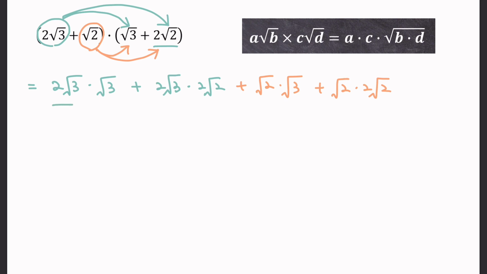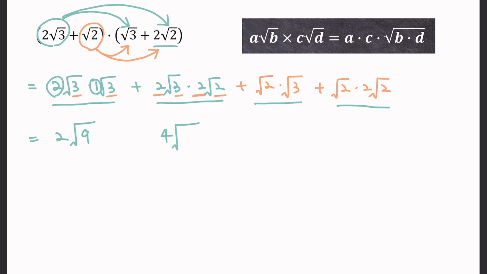Next step is to carry out all of these multiplications and rewrite those expressions in the second line. Here I have 2 and 1. So 2 is the number that goes outside of the square root sign, and underneath the square root I have 3 times 3, so I'm gonna put 9 underneath the square root sign. And here I have 2 times 2 that are outside of the square roots, so I'm gonna put 4, and underneath the square root I have 3 times 2, so I'm gonna put 6.